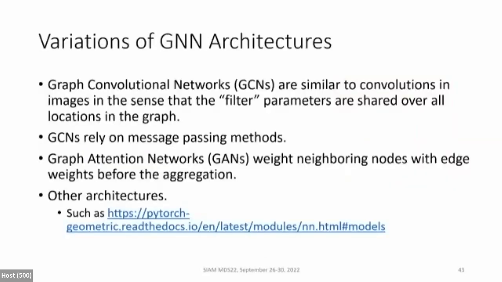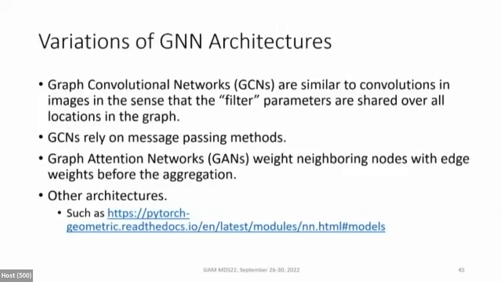Many improvements on these simple concepts have been made in the last couple of years, starting with graph convolutional networks. These are very similar to the convolutions used in image processing, in the sense that you have filter parameters that are shared over all the locations in the graph. Graph neural networks, mostly graph convolutional networks, rely on message passing methods.